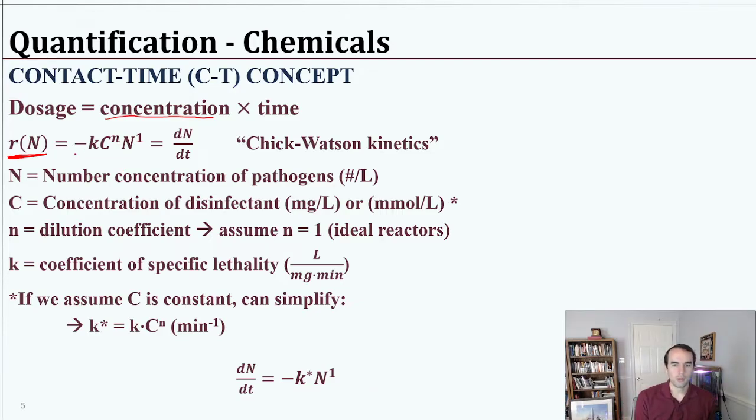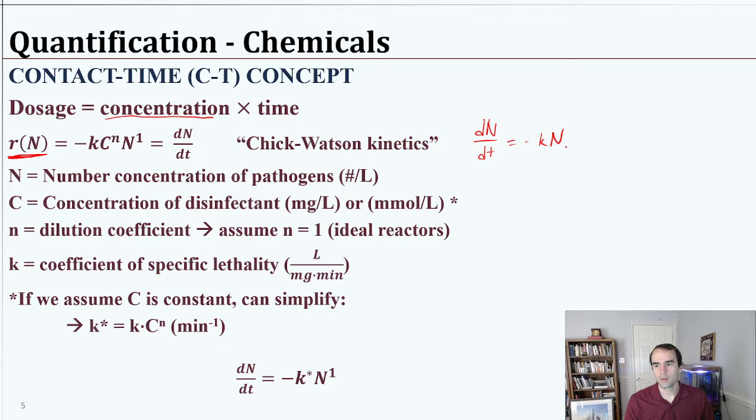Now, what you'll notice here are typical kinetics that we've looked at before look something like dN/dt equals negative K times C. Or, well, rather, if it's an N here, then it's K times N, right? And then we can integrate that in a batch system or plug that into a CSTR system.